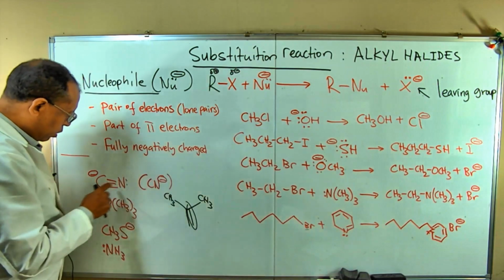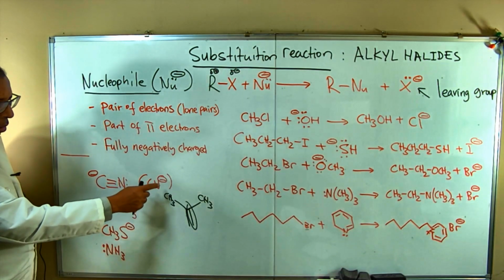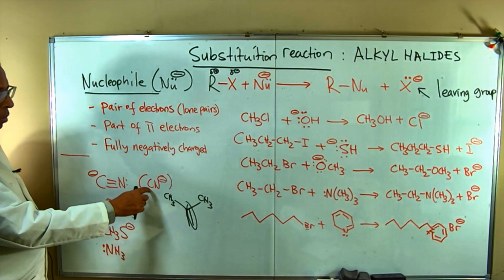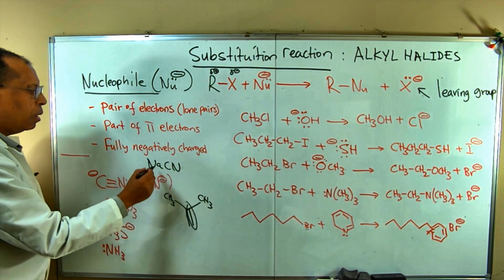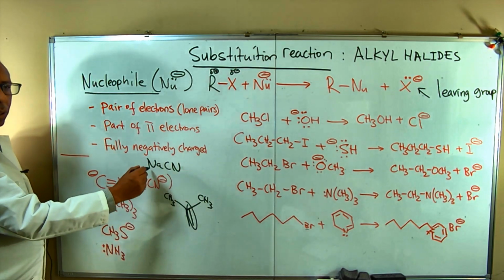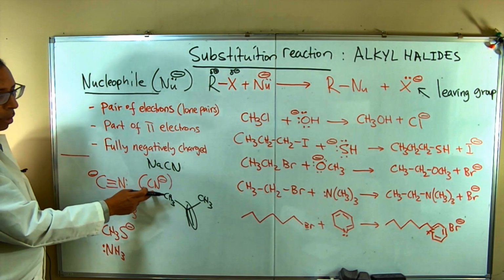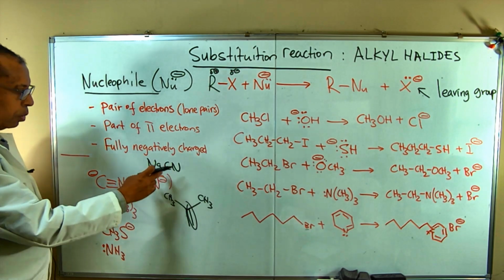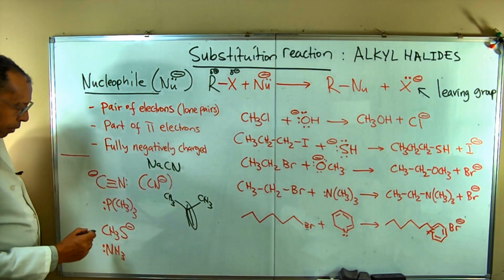And the fully negatively charged is like the cyano group, cyanide minus. For example, if you have sodium cyanide, forget the counter ion sodium plus, that's how we introduce the cyano nucleophile. So that would be acting as a fully negatively charged nucleophile.